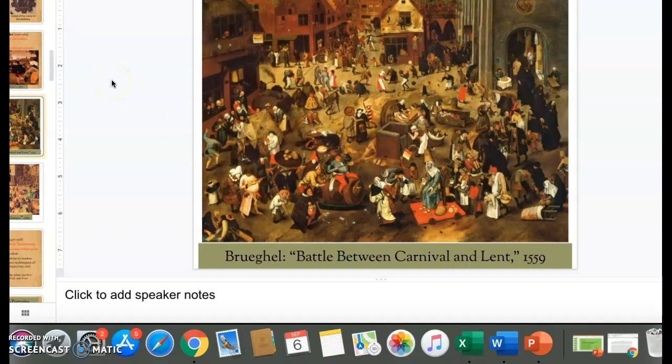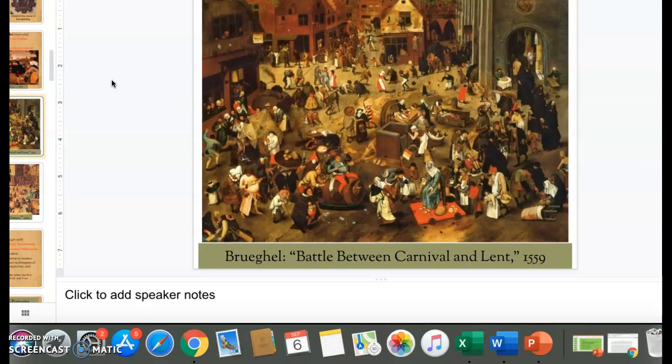So keep in mind, again, the subject matter of Brueghel. He often depicts the ordinary as they participate in their everyday lifestyles. In this case, we see the mixture of the social classes. It's not just the poor, but also the rich are participating in Carnival, because all Catholics, rich or poor, will participate in the event known as Lent.